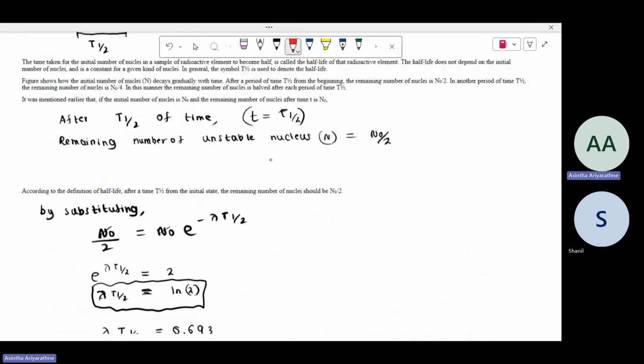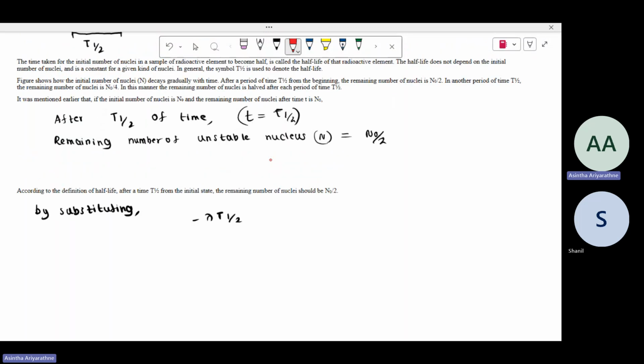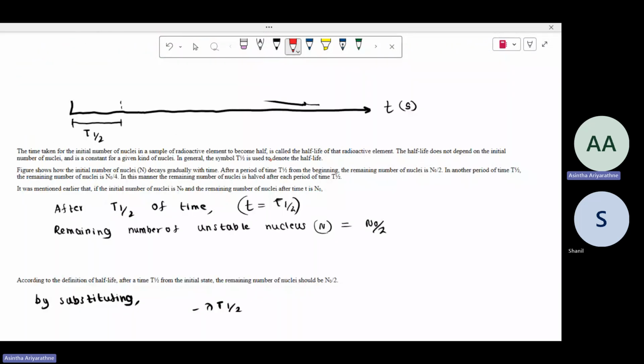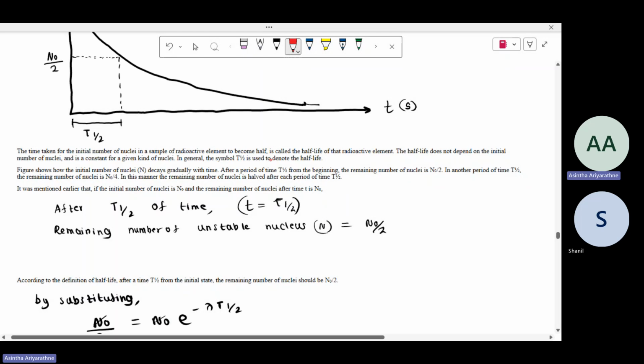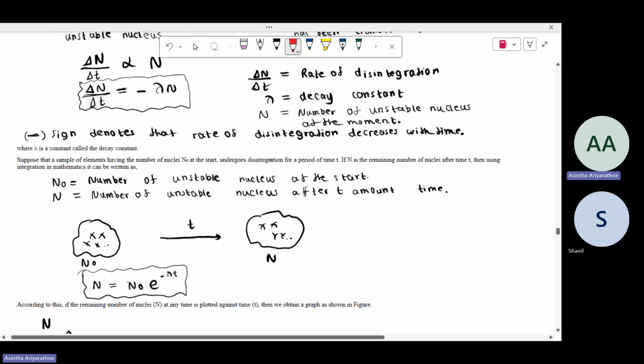Right? So now we have two equations actually. First, we learned the law of disintegration. The law of disintegration states that the rate of disintegration is directly proportional to the number of unstable nuclei present at that moment: delta N over delta t is equal to minus lambda N. The minus sign implies that this rate of disintegration always decreases, and lambda is the decay constant.